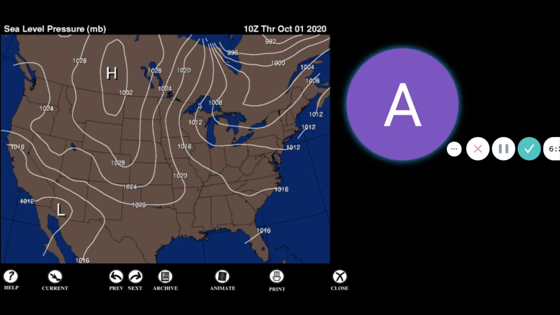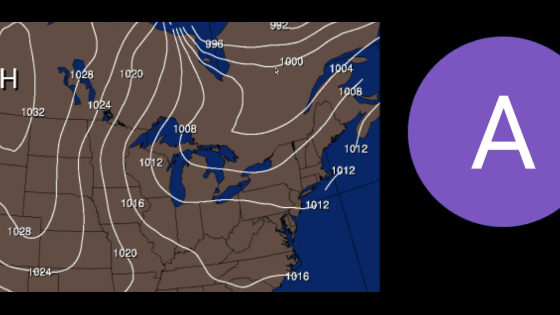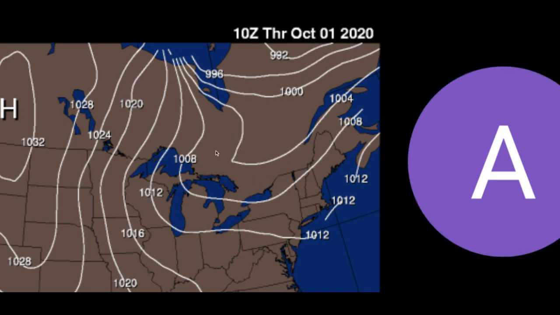I could count down the same way. I started here at 1008, but if I go all the way up into Canada, I go down to a 1004 millibar line, a 1000 millibar pressure line, a 996, 992. So you can just assign the numbers in those areas, whatever pressure they are.